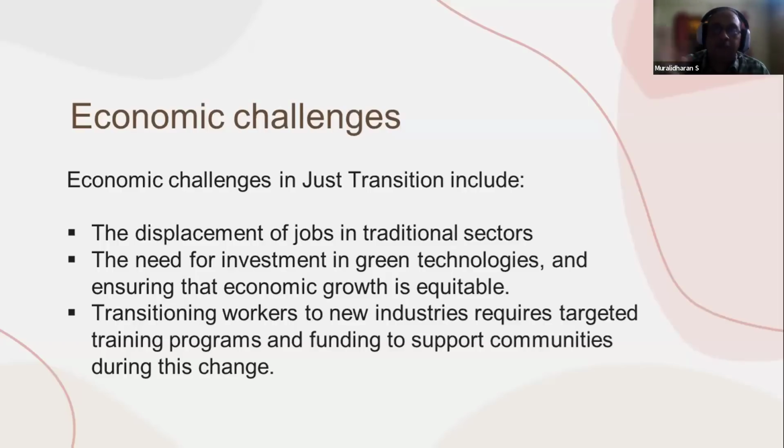It just cannot be with a law or with a sort of a swing that things can be changed overnight. It requires to be done over a period of time. So displacement of jobs in traditional sectors is going to be something causing an economic impact, maybe a loss of job or creation of new jobs with new skills is likely to happen.